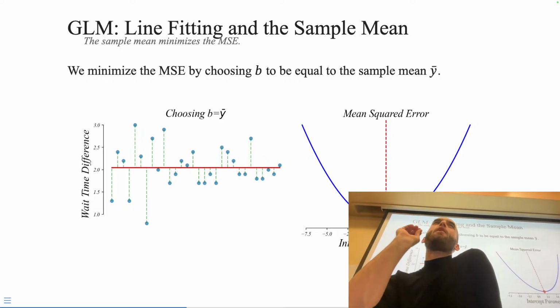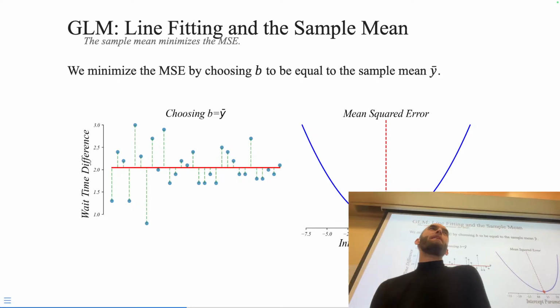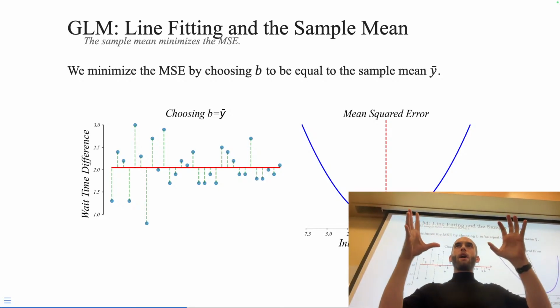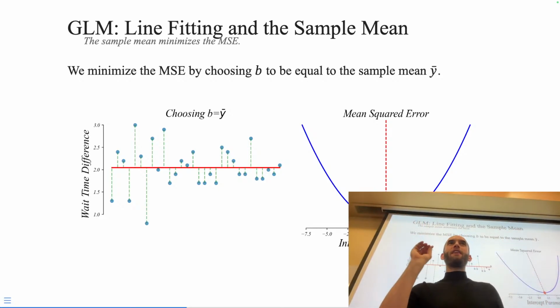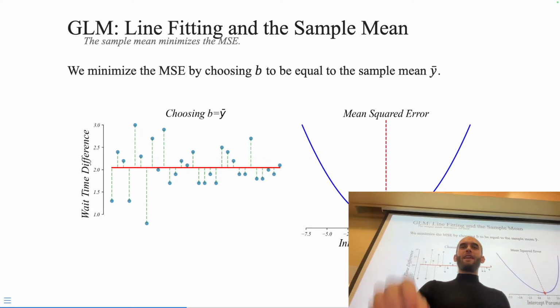Okay, so what have we done? We've talked about lines. We've drawn a line through data. We've found the line that minimizes the mean squared error, the wrongness of our model. And it turns out the best model is this thing, where we choose a vertical intercept exactly at y bar.